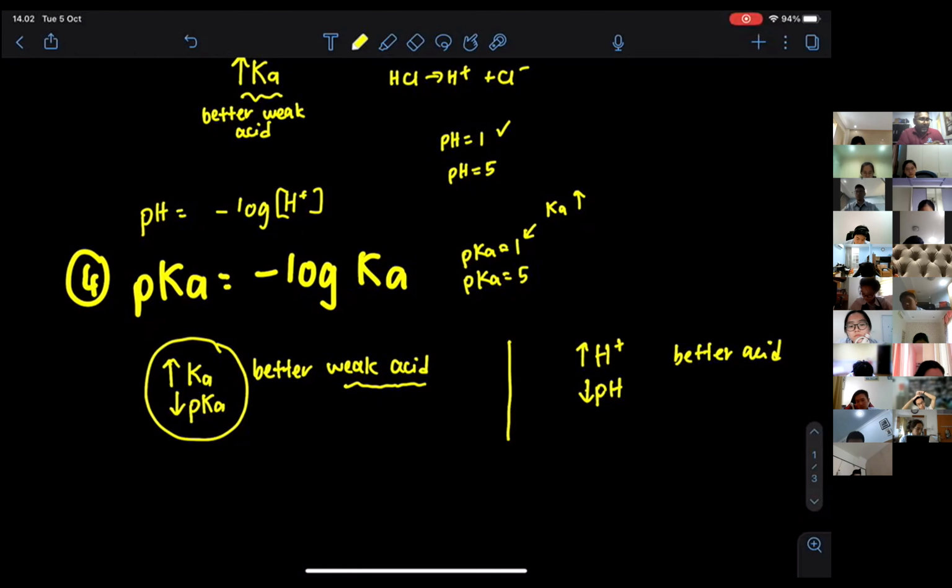What else? Your H2CO3 is a weak acid. Stronger acids are HNO3, H2SO4, HCl. So you need to identify first whether they are weak acids before using the formula.